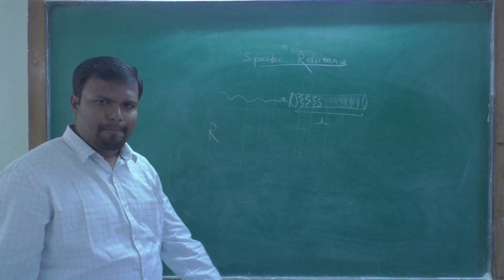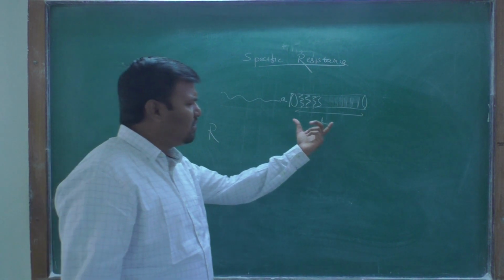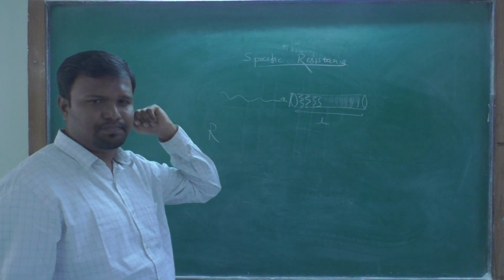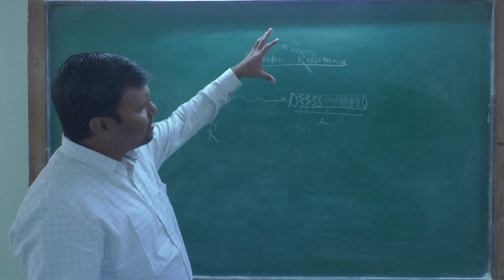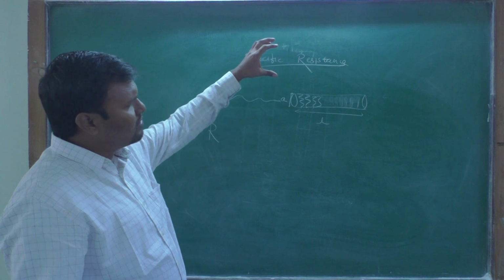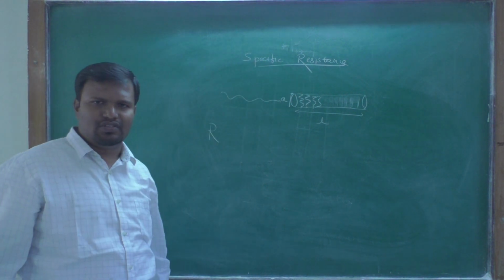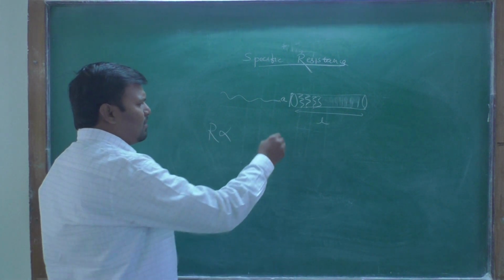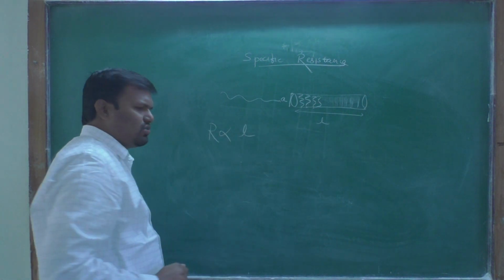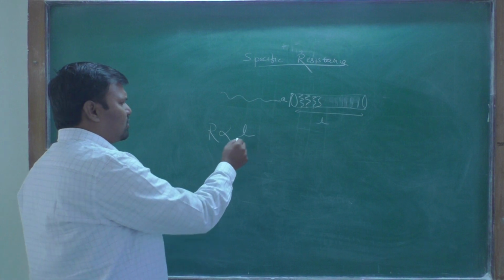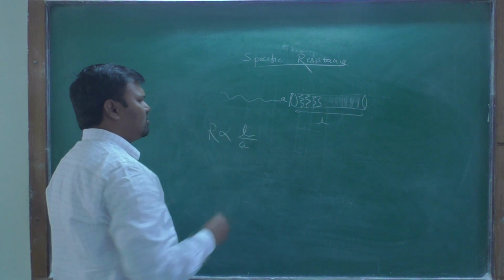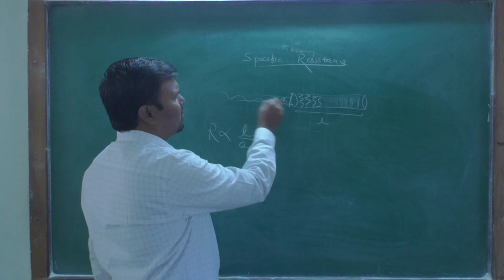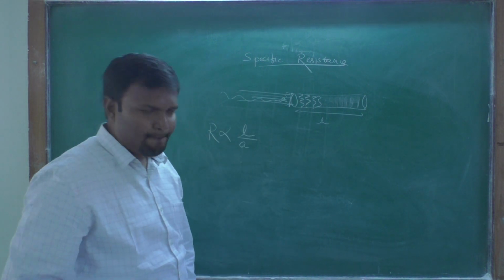Therefore resistance is directly proportional to length, and inversely proportional to the cross-sectional area A.